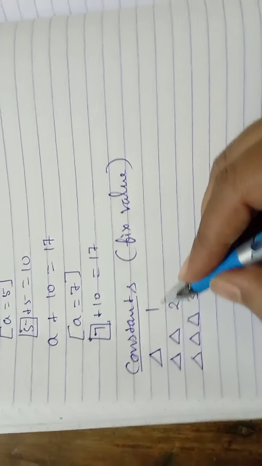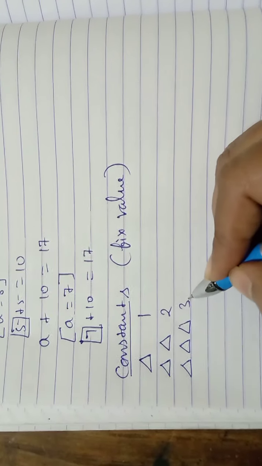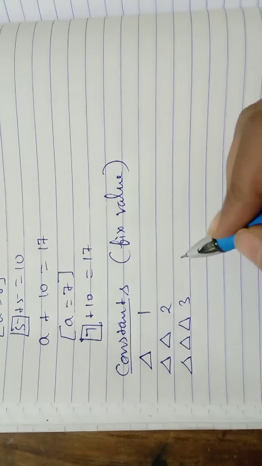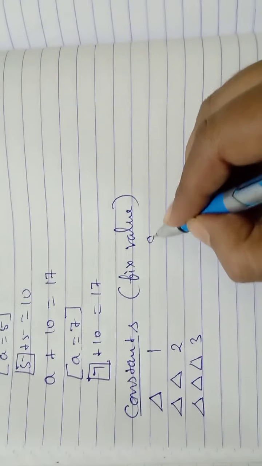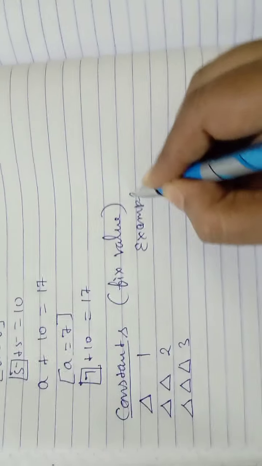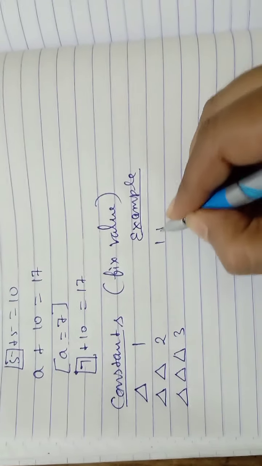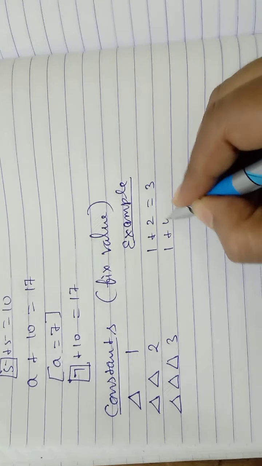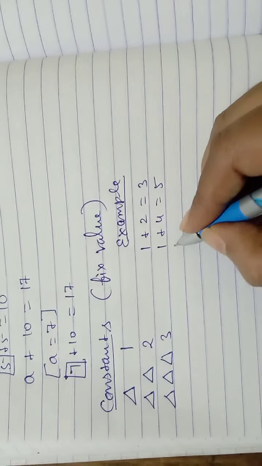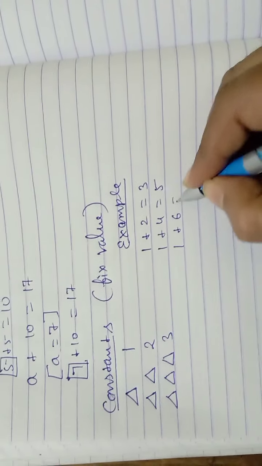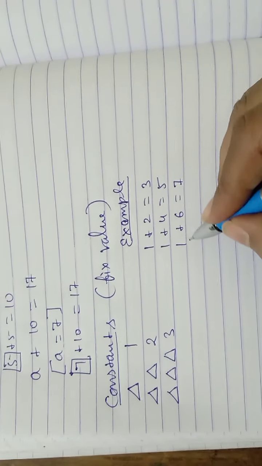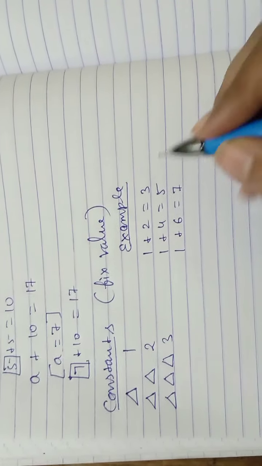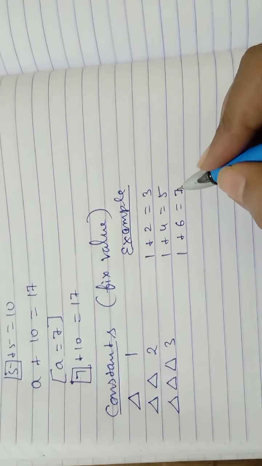I mean to say that 1, 2, 3 have the same value, they are never going to change. For example, 1 plus 2 is equal to 3, 1 plus 4 is equal to 5, 1 plus 6 is equal to 7. So you can see the value of 1 and the other constants are fixed, they are not going to change.